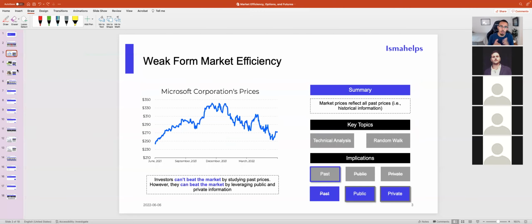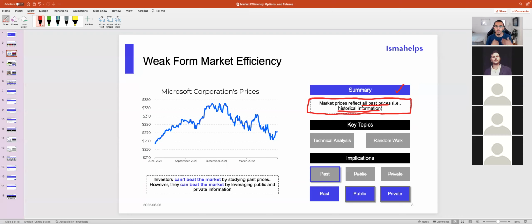The weak form market efficiency. Now, once again, if we start at the top, at the summary, we understand the definition. The definition says that in a weak form of market efficiency, market prices reflect all past prices. So all historical information.